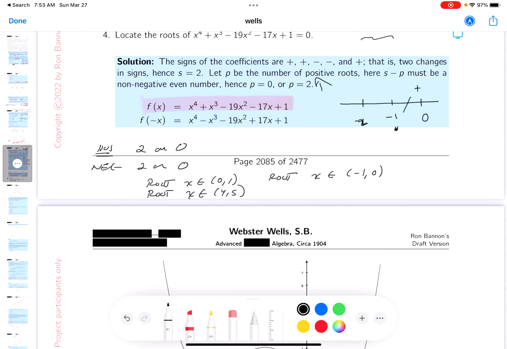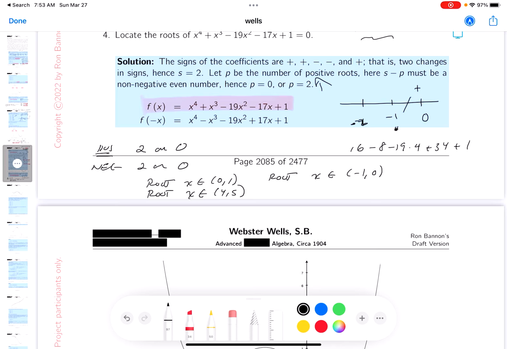Let's put that down. And what do you get there? Well, you start to realize that you're going to get, this is minus 2, sorry, 16 minus 8 minus 19 times, well, minus 2 squared is 4, right? And then plus 34 plus 1. I'm wondering when it's going to reverse directions.